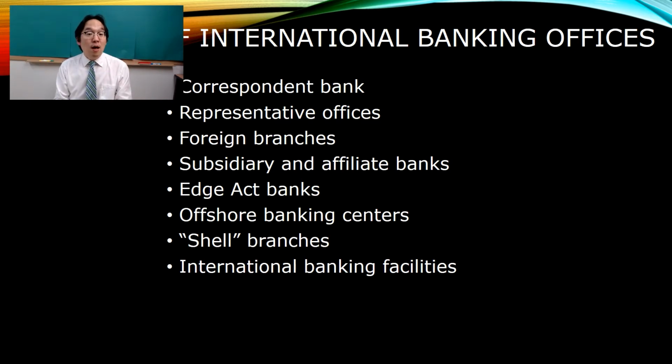Korea, right? And then in America, there's a special thing called the Edge bank. Oh, by the way, subsidiary affiliated banks, right? One of the things you can see is Stanchart Bank. Stanchart is a global bank from Britain, and they have an affiliated bank over here, right?